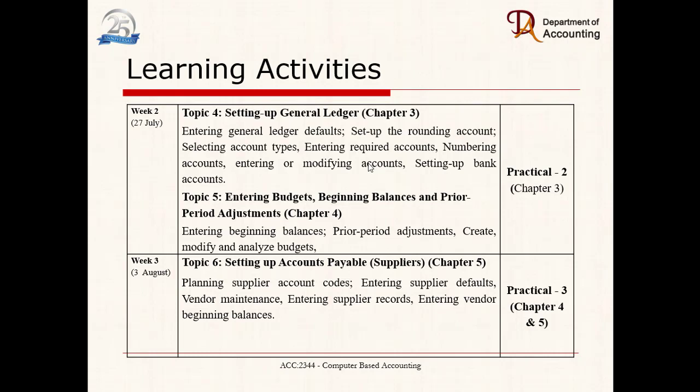Therefore, here we are going to learn about the budget as well: how to set the budgets and how to enter the figures in the budgets. It is especially a management accounting related application. So you are going to try them out. That would be our second day discussion, and there would be a relevant practical for that. In fact, this is not going to be a huge task, right? This is something that you've been doing since your A-levels.